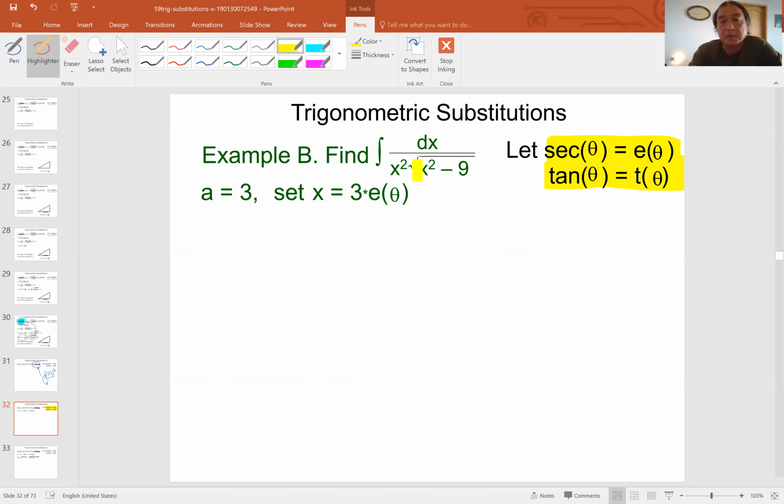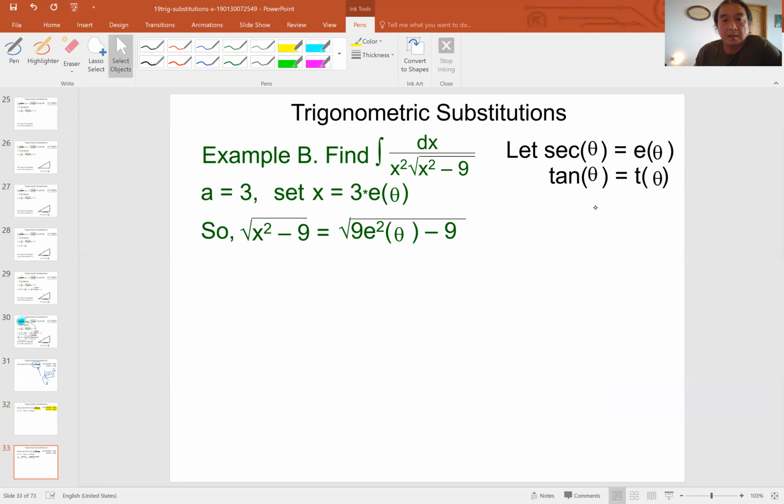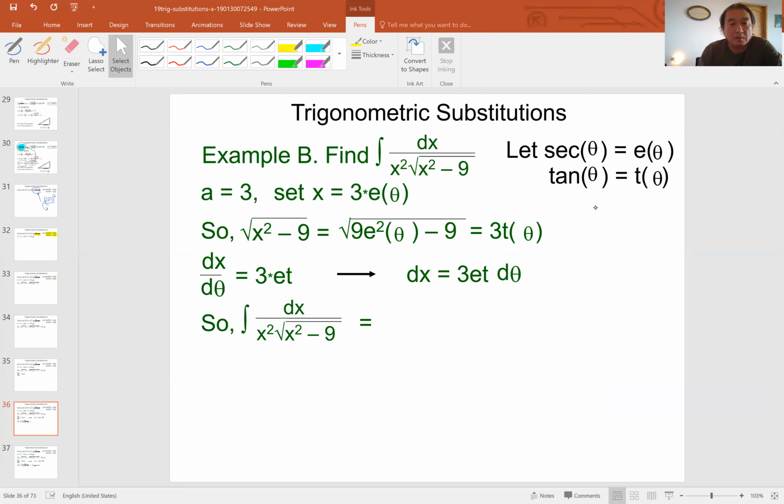This time we set x to be secant, and then it comes out to be tangent, so the square root comes out. The derivative of secant is secant tangent, so I can solve for dx. These portions go into that, and then the x squared goes into that.